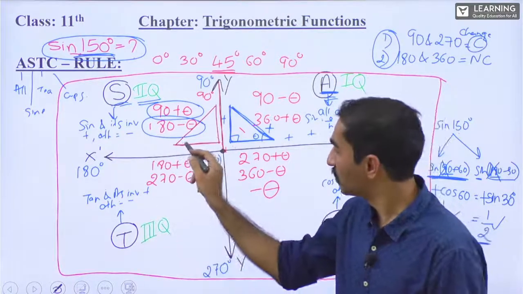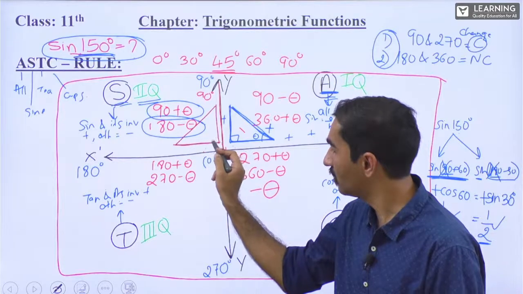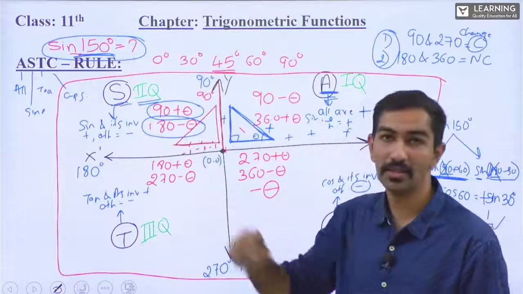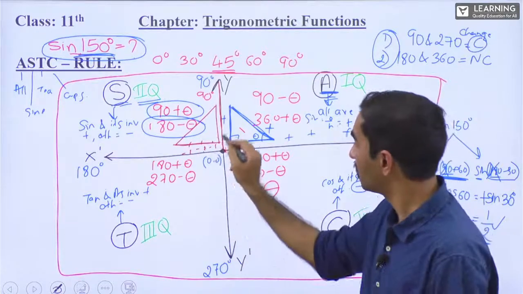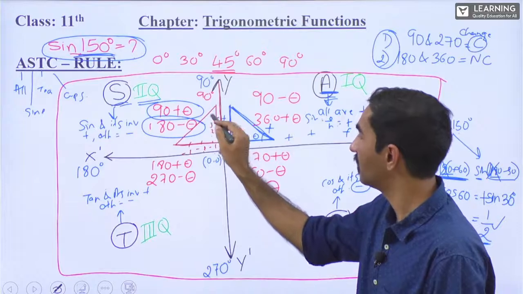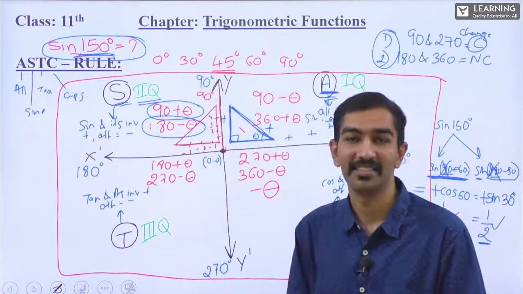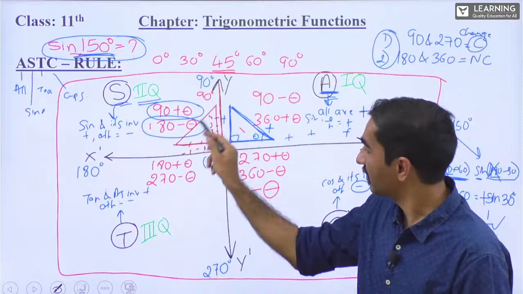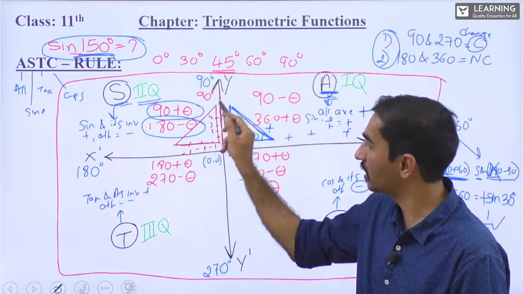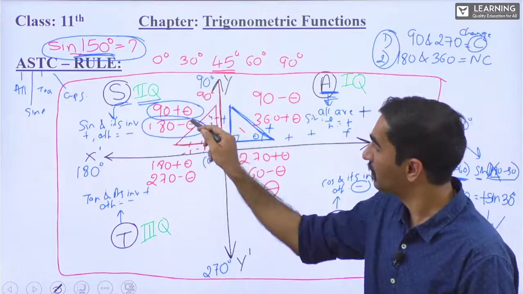So left side means what, students? It will be negative. So if this is 0, this will be -1, -2, -3 and so on. Correct? But you see the opposite, we are going up, +1, +2, +3, +4, like that. Understanding? And this line is also going up, right? It is not going down. It's not going below the origin. It's going above only. So this also will be positive.